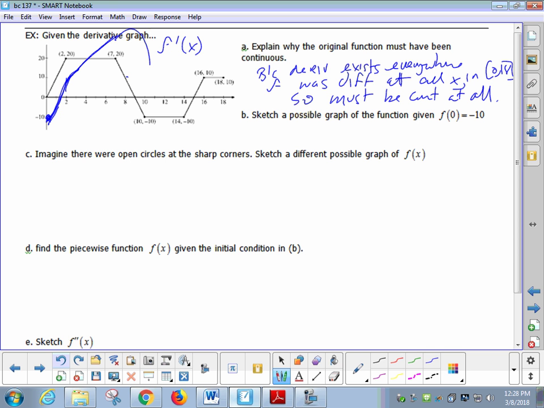What about in this region from 10 to 14? Slope of negative 10, smoothly sloping negative 10, however long, till you get to that point. And then what about here? Shape of the graph, concavity, and what's going on? Okay, this is linear, so the antiderivative should be parabolic, opening up or down?